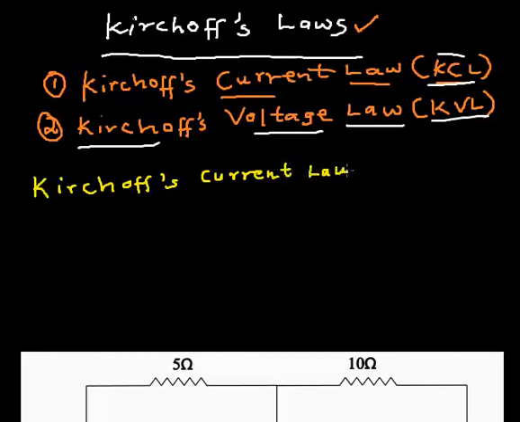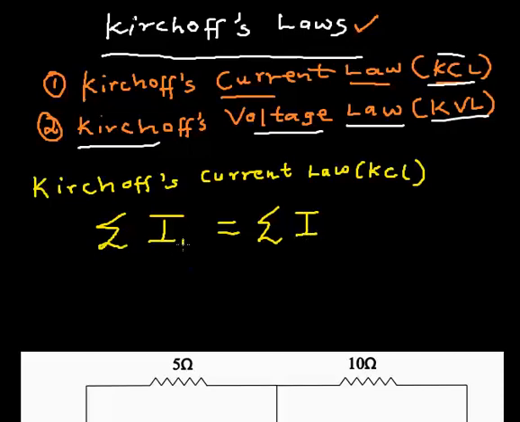According to Kirchhoff's current law, KCL, the law states that the algebraic sum of the currents entering a node is equal to the algebraic sum of the currents leaving that particular node.